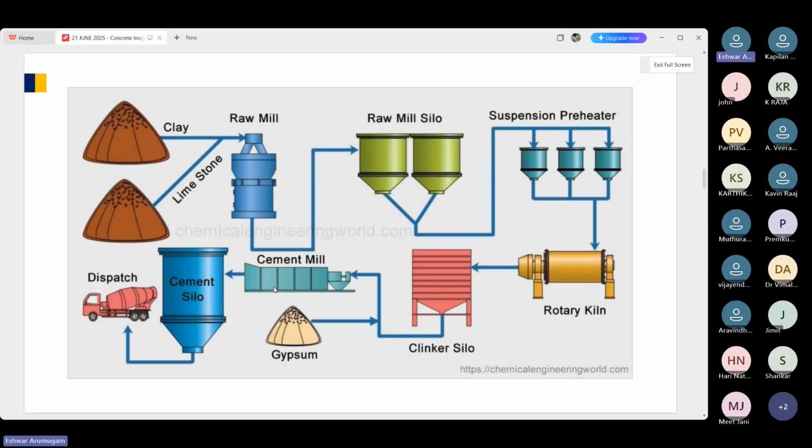It is because clinker's setting time is around 4.5 hours, which is pretty less. So to increase the setting time, various proportions of gypsum, fly ash, or slag are mixed into the cement. That is essentially why the mixing of these materials happens. Let's move on to the next slide now.